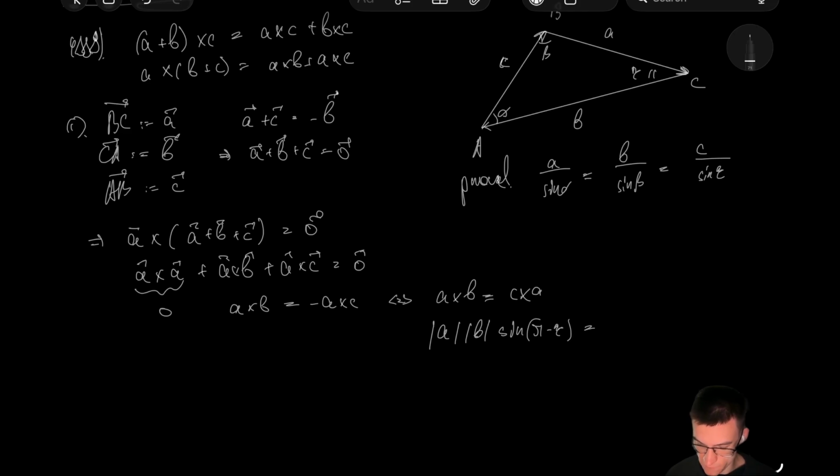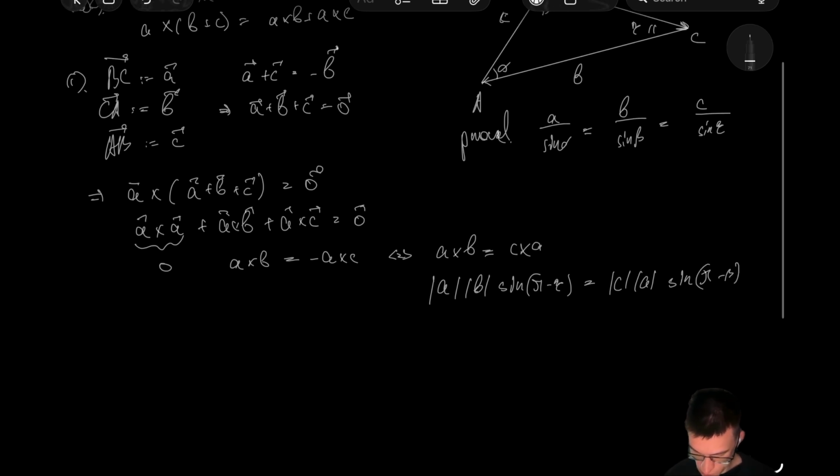And then we have C and A, and the angle between them again, this is the sine of beta, in fact sine of pi minus beta.